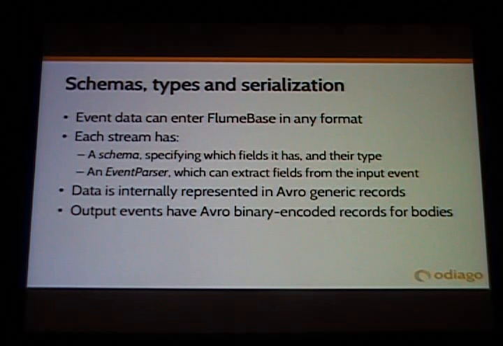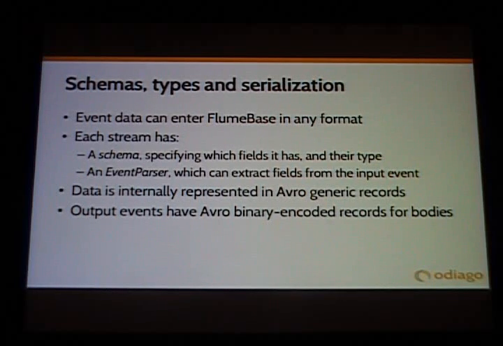When we are passing events through the elements of the flow operator DAG, we are actually using Avro serialized data in Flume event instances. So downstream elements of the flow can just pick out the ID field, and they'll know that they're getting an integer because the Avro system is preserving the types all the way through.